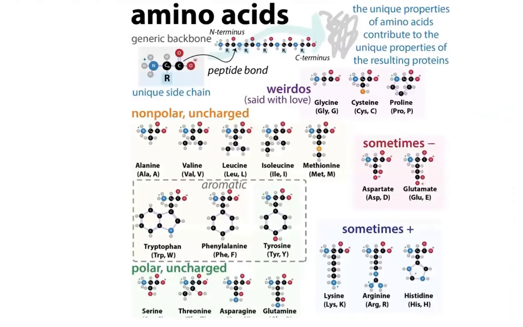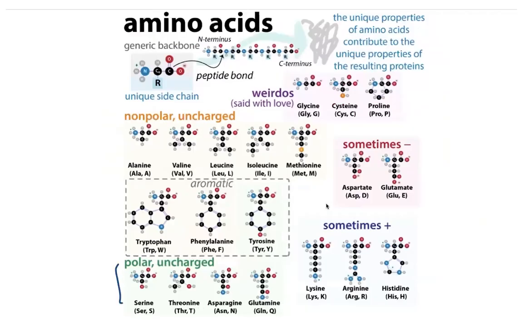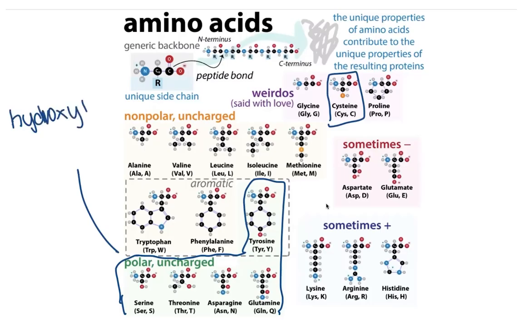Okay, so now let's talk about the polar uncharged. So when we talk about the polar uncharged, we're talking about our serine, threonine, asparagine, glutamine, and tyrosine. Oh, and we're also going to be talking about cysteine. What these polar uncharged ones have in common is they're going to have either a hydroxyl group, or we're going to have an amide group, or we're going to have a sulfhydryl group.